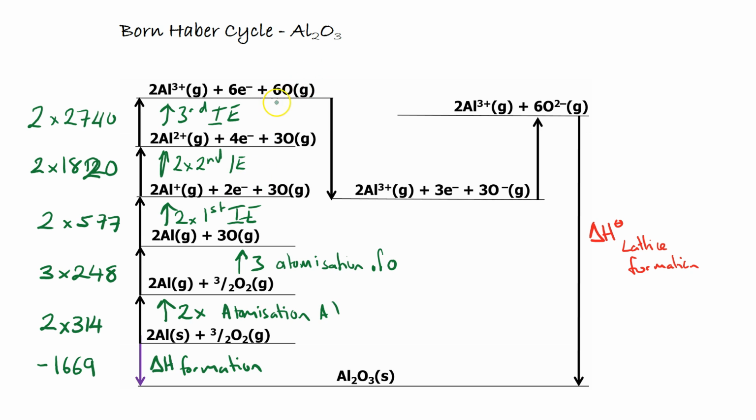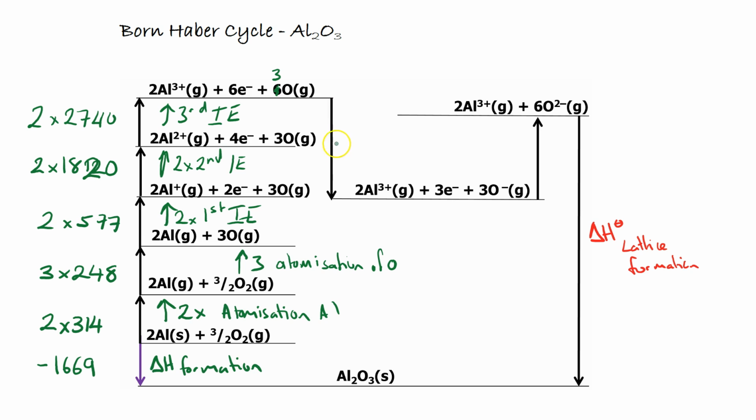We have 6 oxygens at the top, and this should read, of course, 3 oxygens, as we form 3 oxygens, so that's a slight error there at the top.